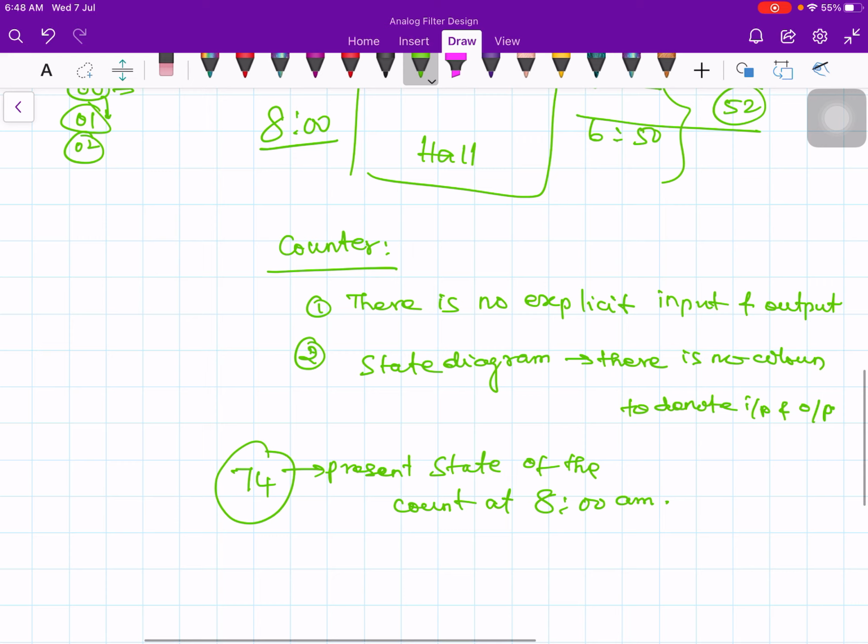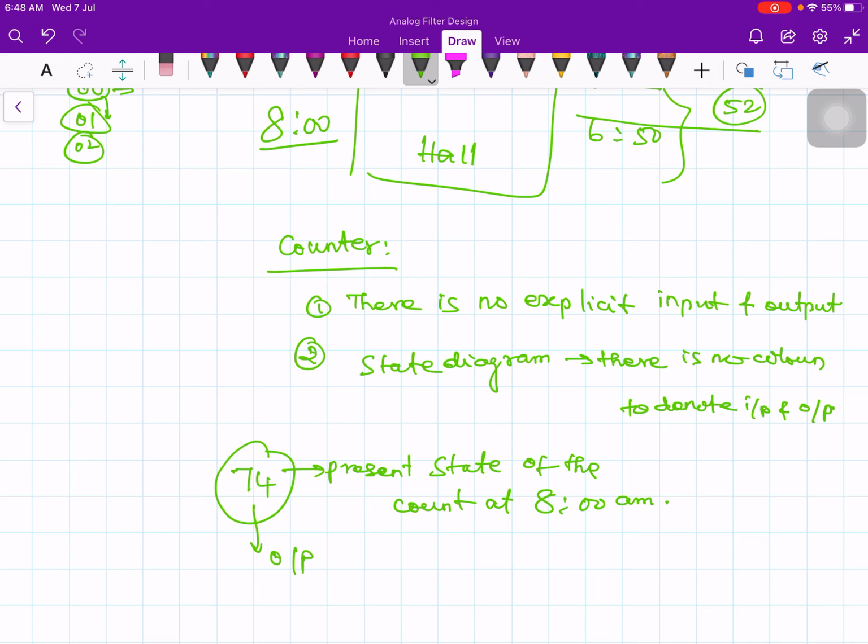That means 74 persons have entered the auditorium. So that is my output. The present state at 8 o'clock is my output, the counter value, the state it holds.